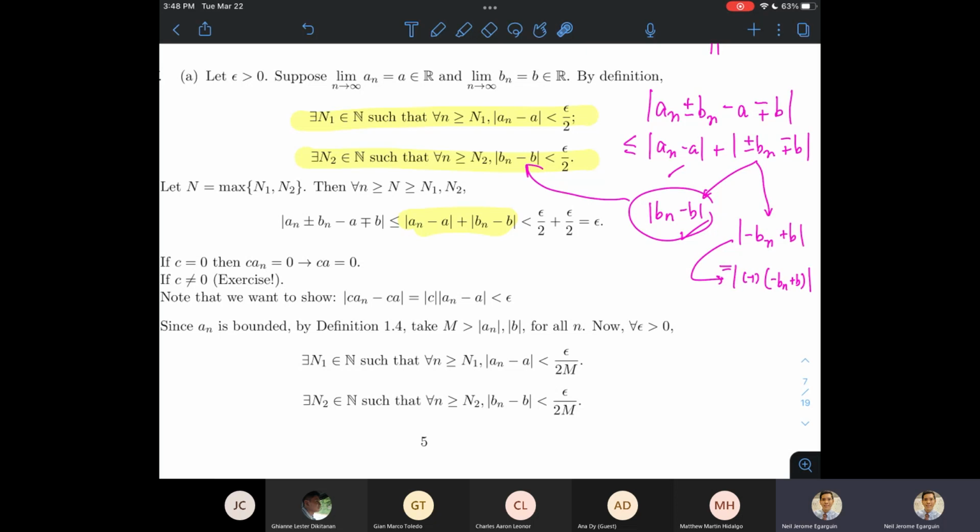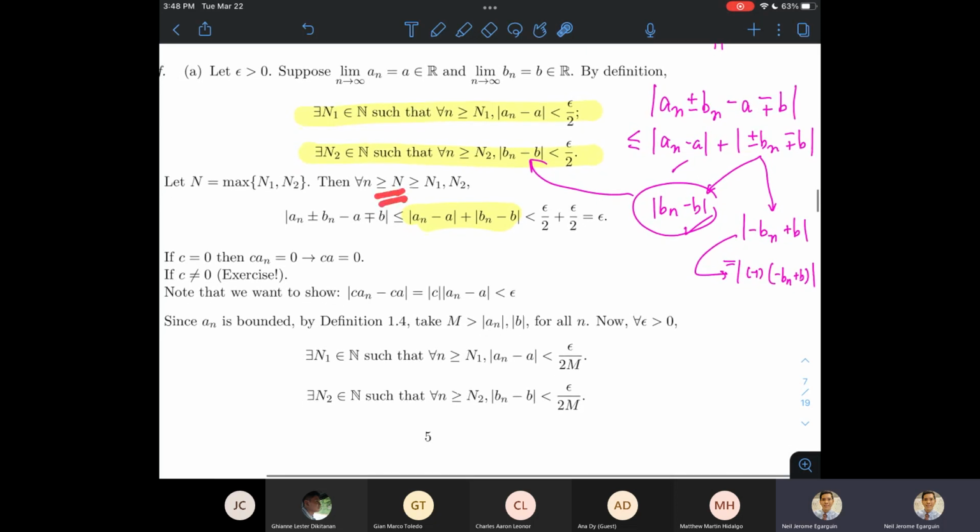Because if little n is larger than any of those two choices between N1 and N2, we're sure that little n will be greater than both N1 and N2. So nag-hold yung dalawang inequalities. At dahil nag-hold yung dalawang inequalities, pwede ko itong masabi to be less than epsilon over 2 plus epsilon over 2, the sum of which is equal to epsilon.